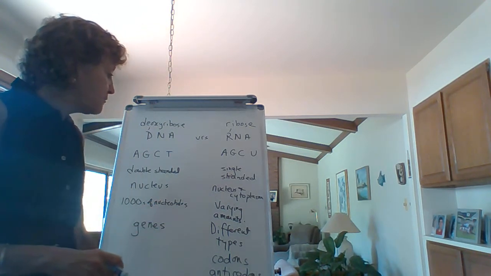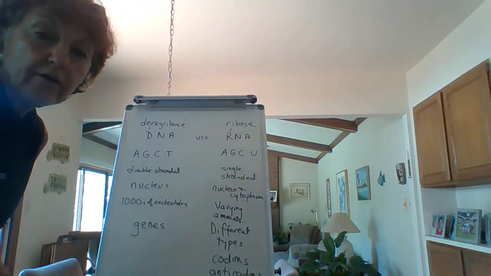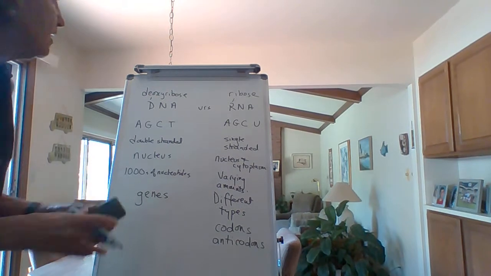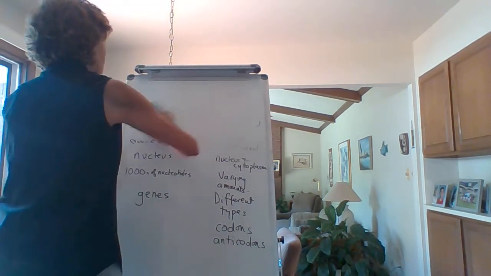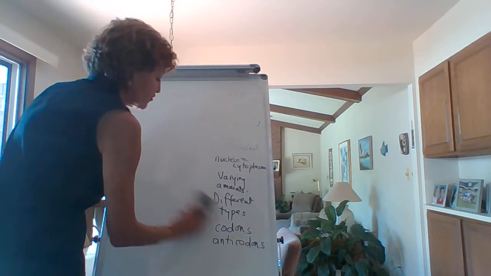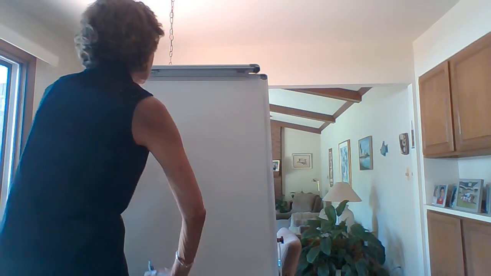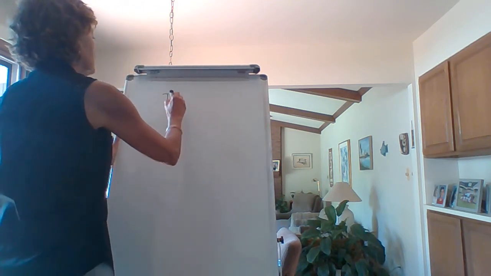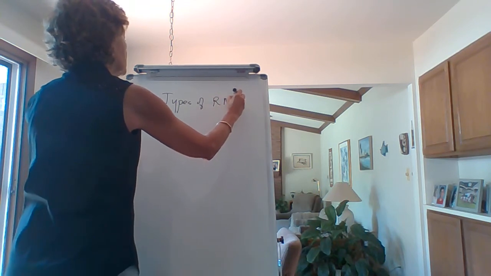All right, let's focus now on the different types of RNAs. So this is my list here. We'll be mentioning them as we talk about transcription and translation. So types of RNA.